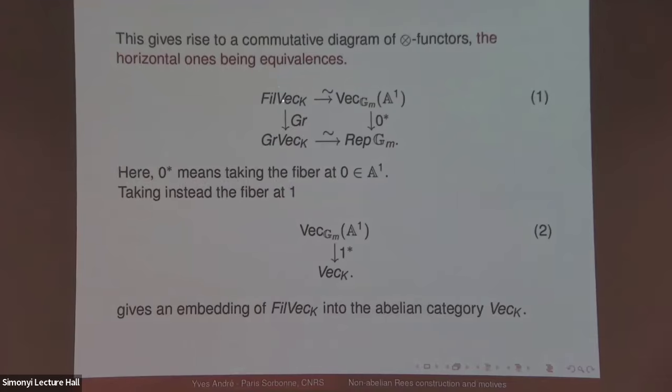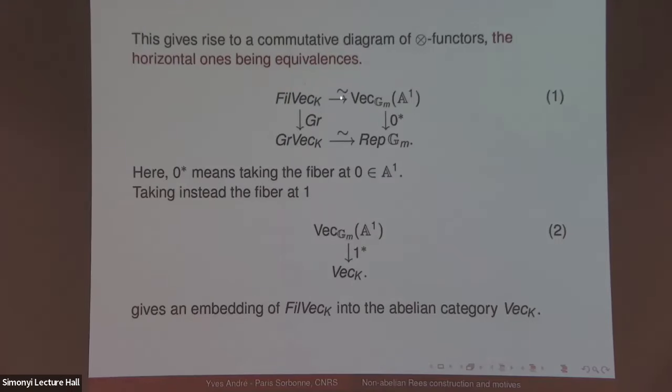Here, the horizontal arrow is an equivalence of categories. It is G_m-equivariant vector bundles over the affine line. And if I consider the fiber at 0, I get just the representation of G_m. And again, at the bottom, this is an equivalence of categories.